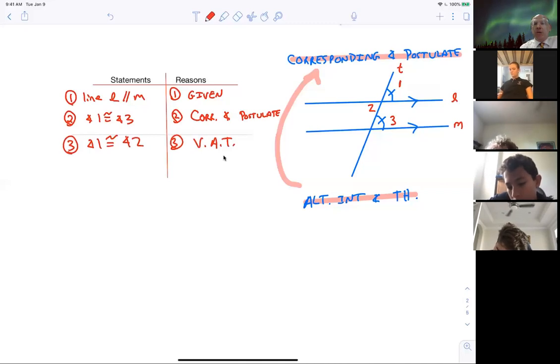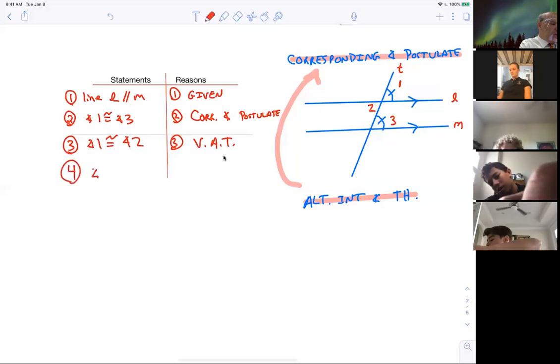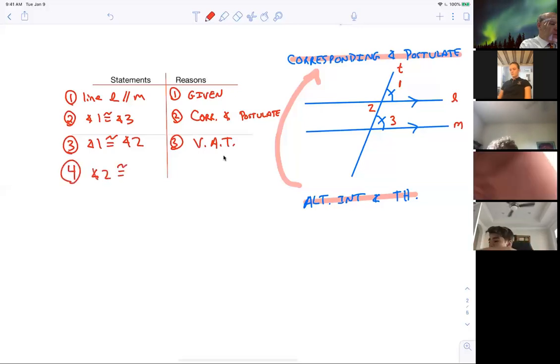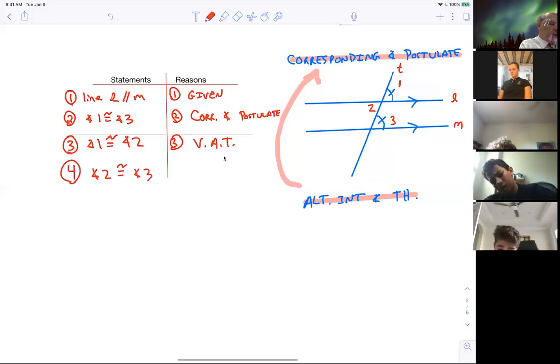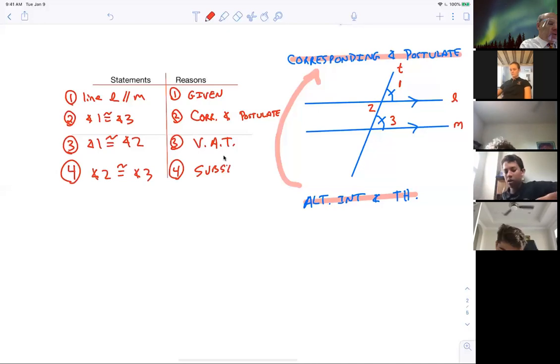So now that angle 1 is congruent to angle 2, and angle 1 is congruent to angle 3, then we can say clearly angle 2 is congruent to angle 3, and that's by substitution.